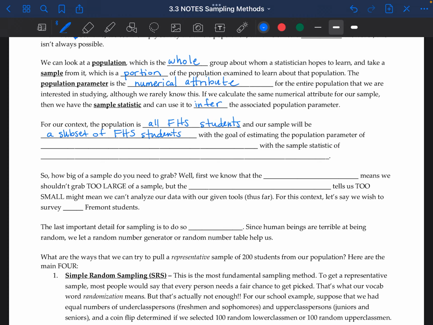We have a goal in mind: we're trying to estimate this population parameter. The population parameter is what all Fremont students think about adding more gender-neutral bathrooms. Let's say that's it: the proportion of all FHS students supporting adding gender-neutral bathrooms.